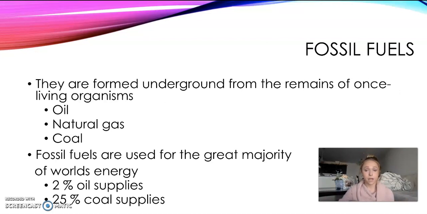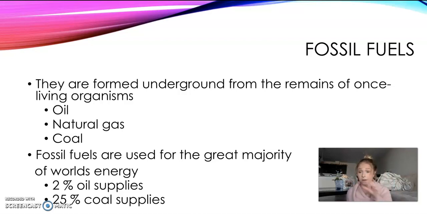Fossil fuels, the example of your fossil fuels are going to be oil, natural gas, and coal. And these are going to be formed from underground. It's going to be formed from remains of once living organisms. Fossil fuels are used for the great majority of the world's energy. But the thing with these, they're not all located in one area.